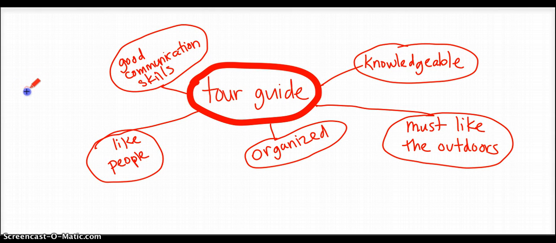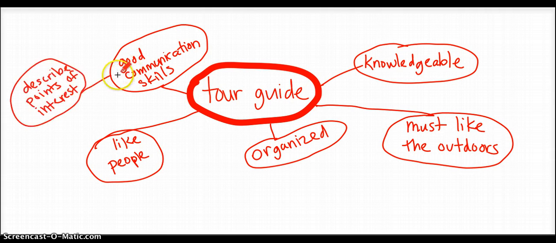So I'm going to write that down. And I'm putting a circle around it and connecting it to good communication skills. I think that they also need to understand the needs of tourists, so that also falls under good communication skills.